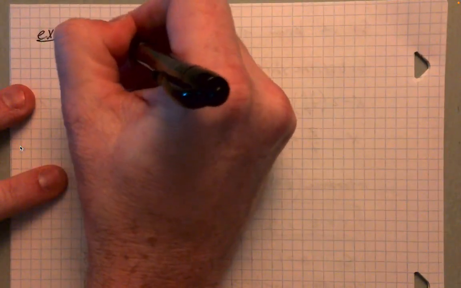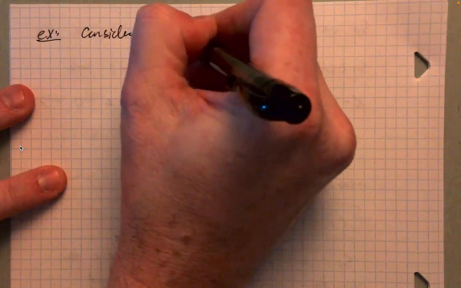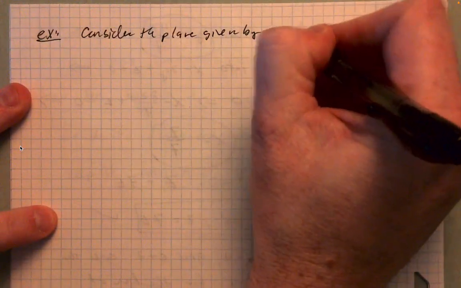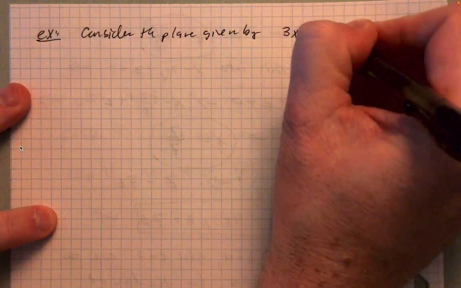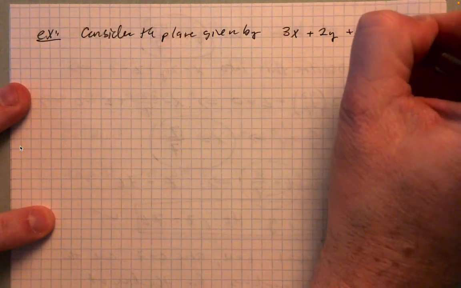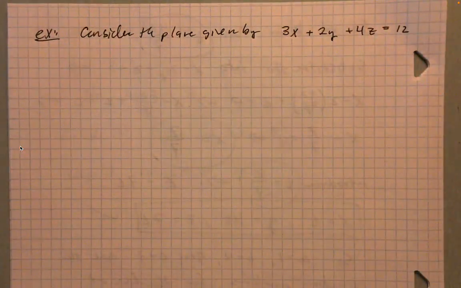Okay, let's do an example here. This will be kind of a working example. All right, let's consider the plane given by 3x plus 2y plus 4z equals 12.